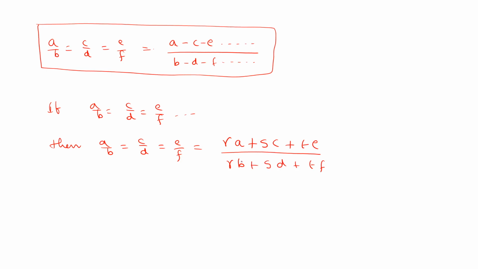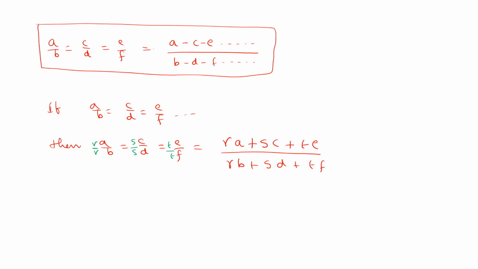Okay, just observe here. We have three equal ratios A is to B, C is to D and E is to F, which are equal to each other. Then we multiply the first ratio with R on numerator and denominator, we multiply the second ratio with S on both the numerator and denominator, and we multiply the third ratio E is to F with T on both the numerator and denominator.